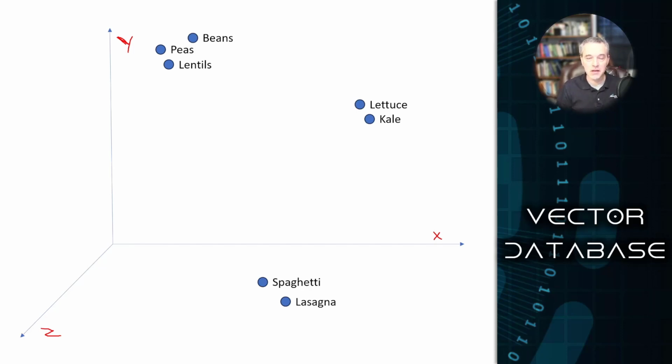So if I say, give me something that looks like a bean, it's going to use the vector data that represents the bean to find the bean portion of this database. A bean has particular coordinates: an X, a Y, and a Z coordinate. Using those 3 coordinates, I can locate within this vector database where that bean might be.